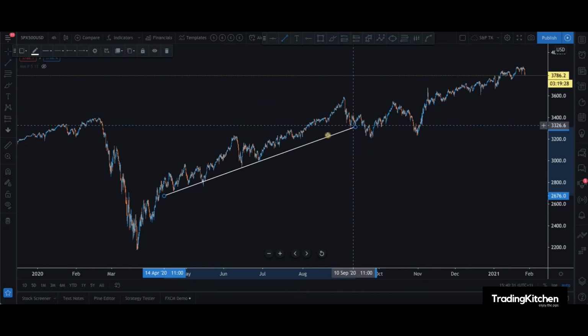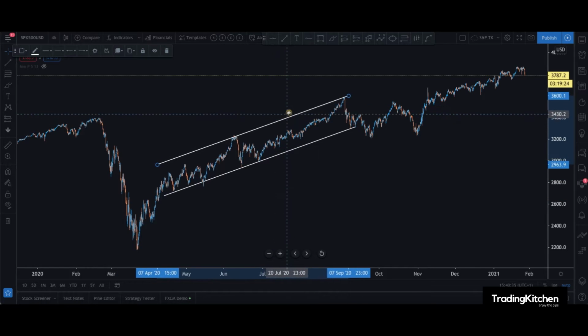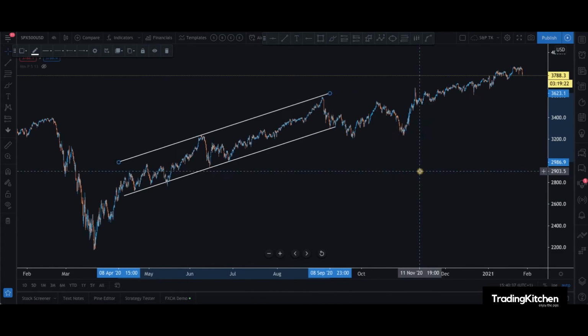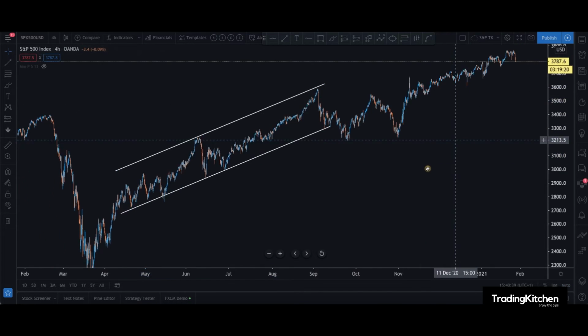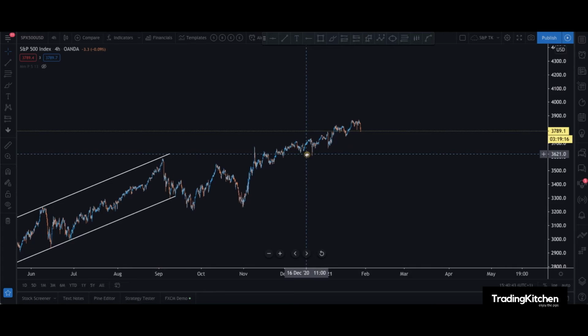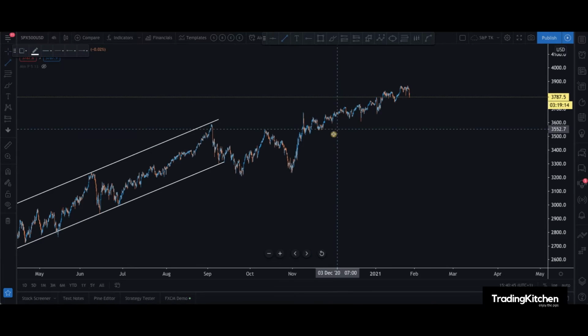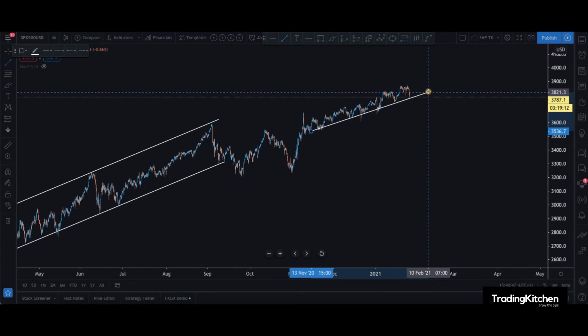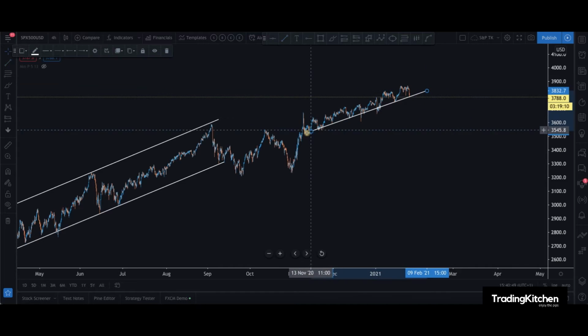As you can see, now we are on the S&P index, 4-hour time frame, but all the markets are based on channels.